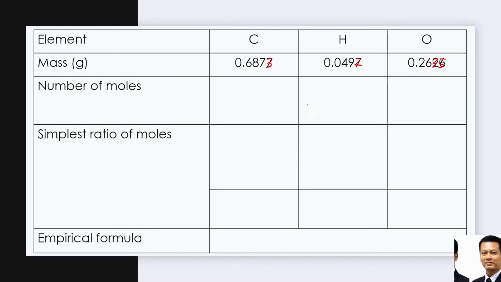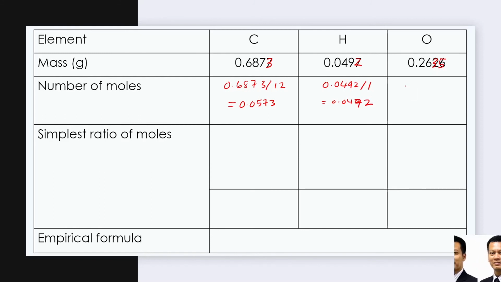So number of mole is mass over Mr. That is the mass 0.6873 over 12. So you will get 0.0573. This one, 0.0492 divided by 1, so 0.0492.